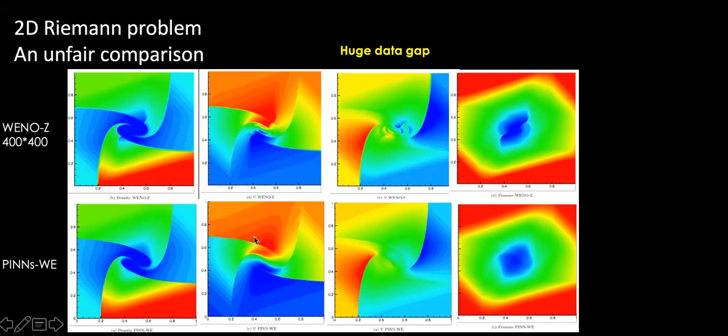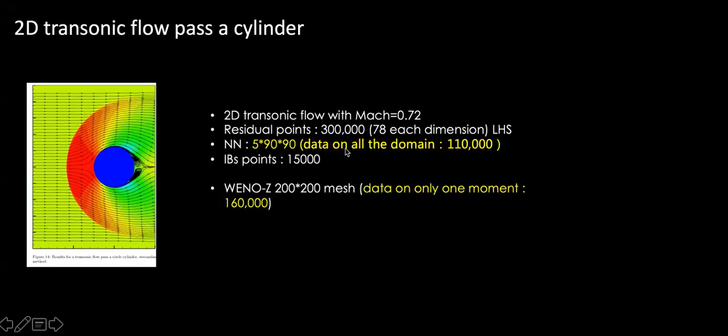Then at last, we have a transonic two-dimensional case, the flow past a cylinder. The setting of the computation is shown here. Here we have an interesting result. In PINNs, we pass our data into the network parameters.